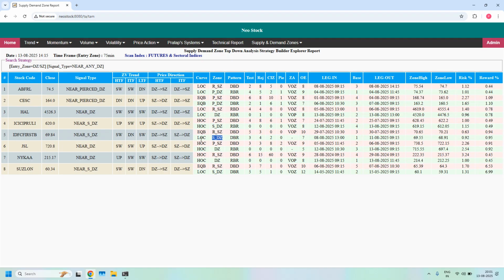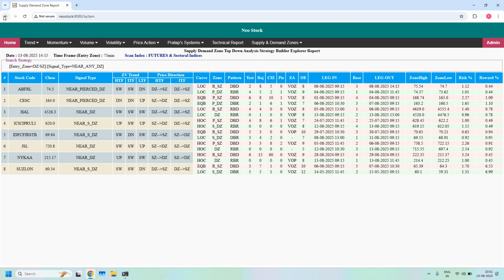IDFC First Bank is having a 75 minutes high liquidity demand zone. Suzlon is having a 75 minutes high liquidity demand zone. So in total, we identified 3 75 minutes high liquidity demand zones from this list.